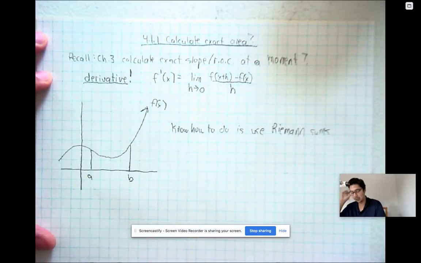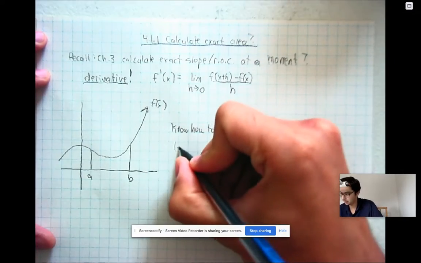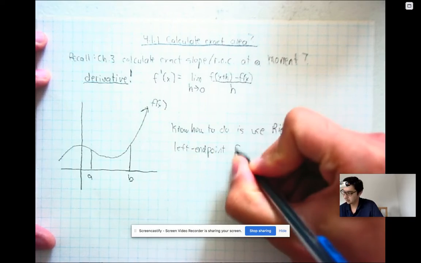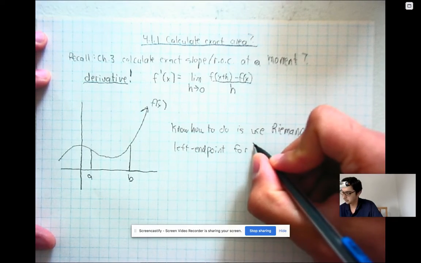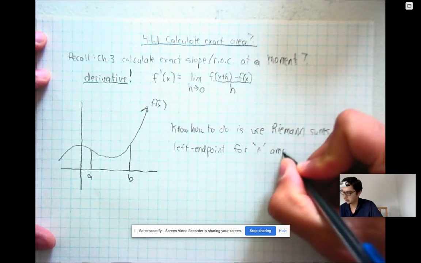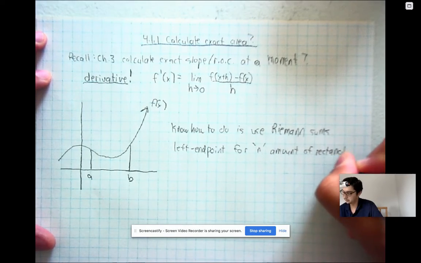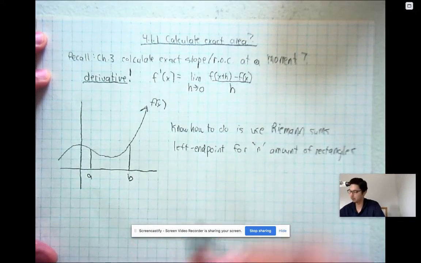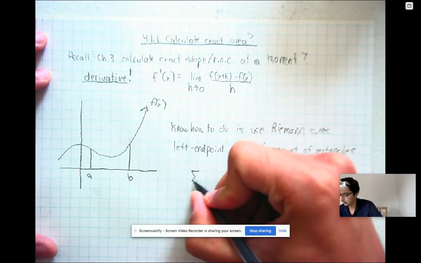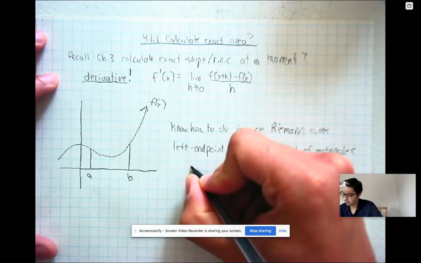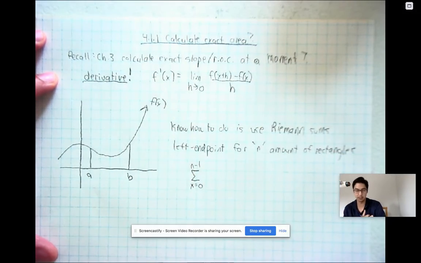And if we wanted to use, say, left endpoint here, let's say we had to use left endpoint for n amount of rectangles, what would it be here? Well, it's going to be the area under the curve is the sum from x equals 0 to n minus 1. Remember, there's always one less than the number of rectangles.